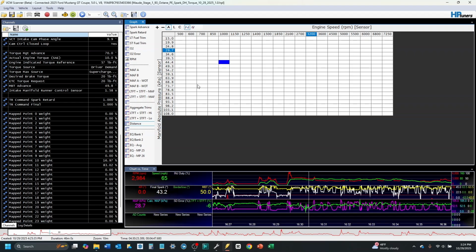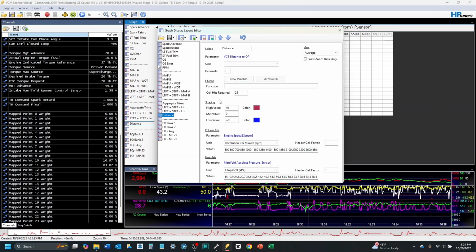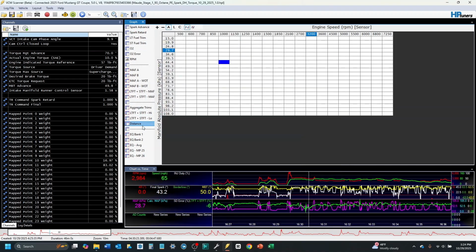Distance tables, nothing. That's weird. Oh, 25. Huh. Oh, you know why? This is one of those ones like, why didn't I get data here?